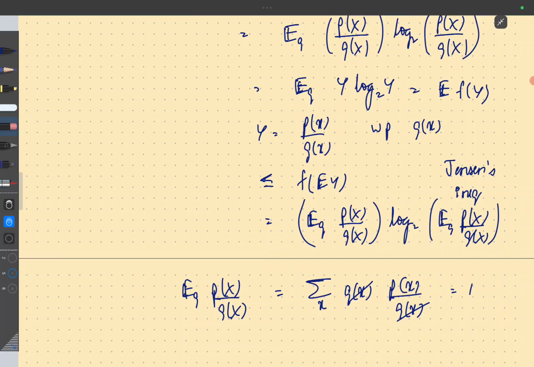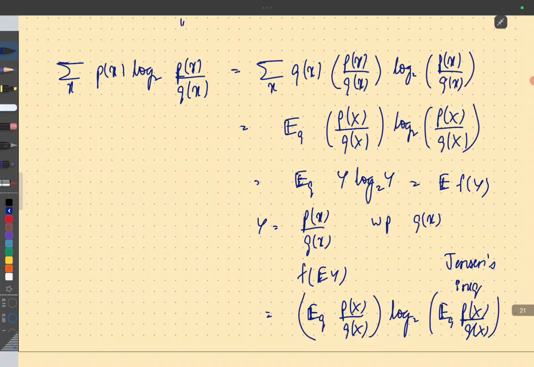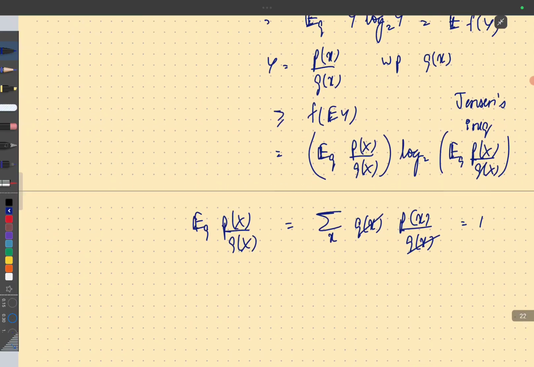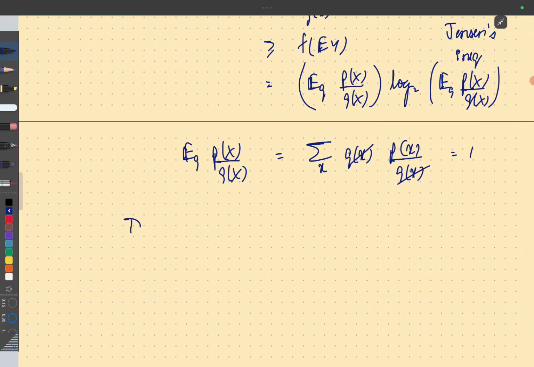I'm sorry, I made a little bit of a mistake. It's a convex function, so expectation of f(y) is going to be greater than or equal to f of expectation of y. So D(p||q) is greater than or equal to 0.